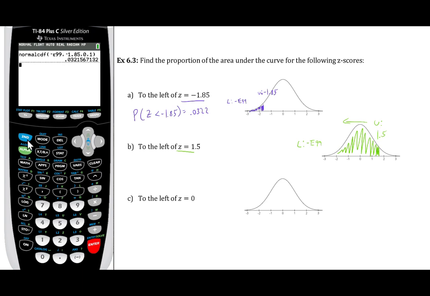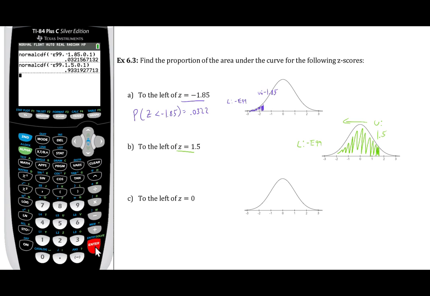I'm going to show a second way of typing these values in. We can hit second enter, and then we can use the left arrow to manipulate this just a little bit. I'm going to hit delete at the negative button. I'm going to hit delete at the 8. And now I have my lower bound of negative E99, my upper bound of 1.5, my mean of 0, and a standard deviation of 1.